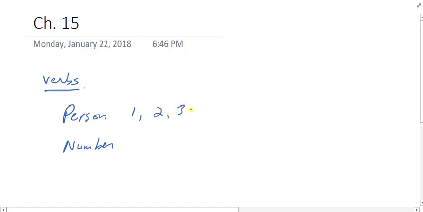And first, second, and third, well, those are numbers, aren't they? But number doesn't mean first, second, or third. If we're asking about what a verb's number is, it's singular versus plural, okay? So let's talk about these concepts.